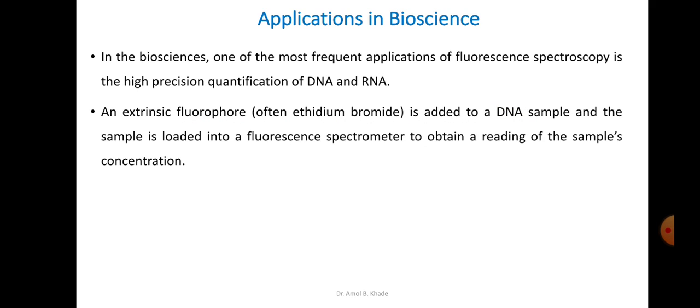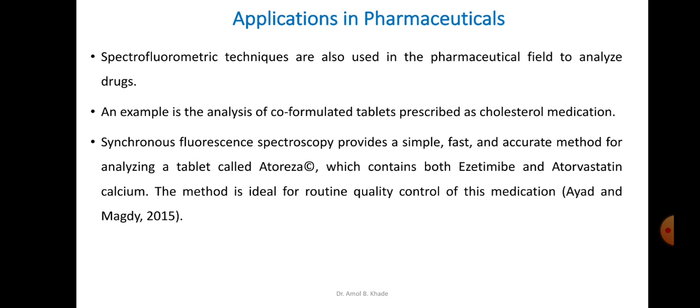After reacting this with the DNA, it will convert the DNA into a complex of DNA with the fluorophore, and then that will have a very good fluorescent property, and then we can easily find out the concentration of the DNA or RNA in the sample. Okay, so this is one example. Now the most important is the applications in pharmaceuticals.